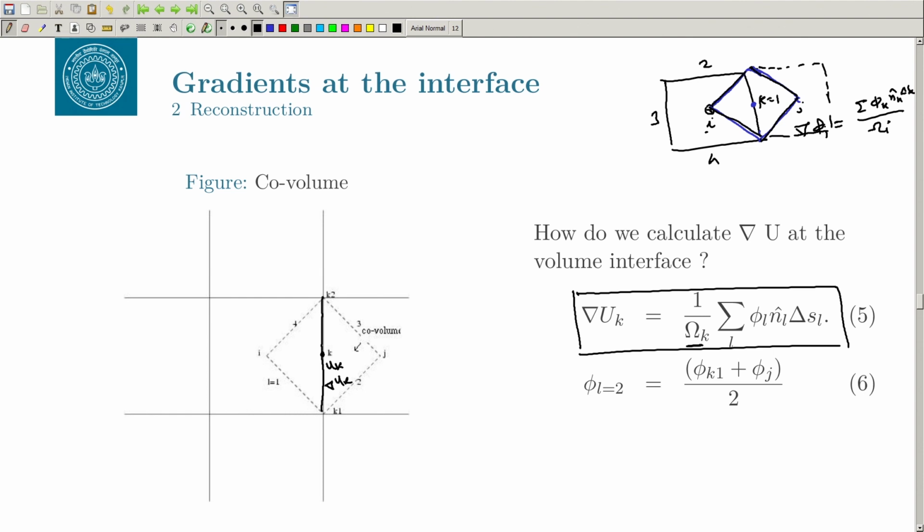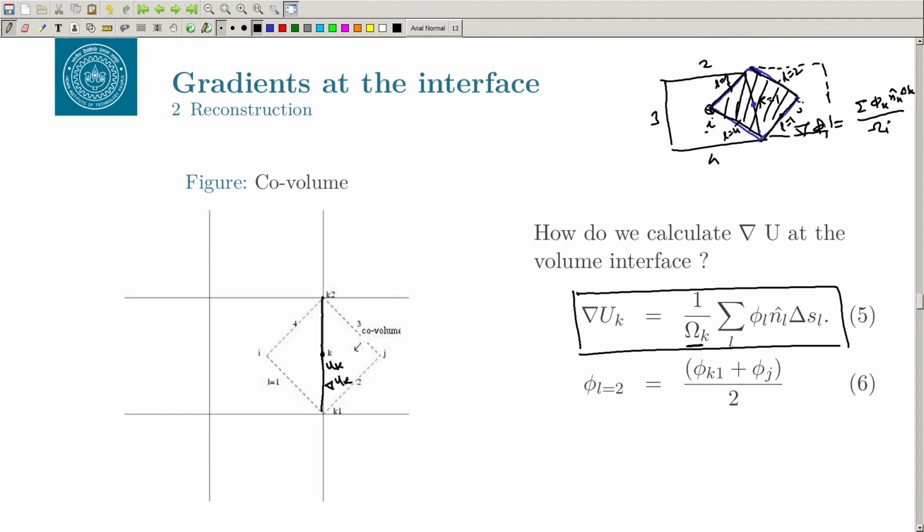Then you have L equal to 1, L equal to 2, L equal to 3, L equal to 4.